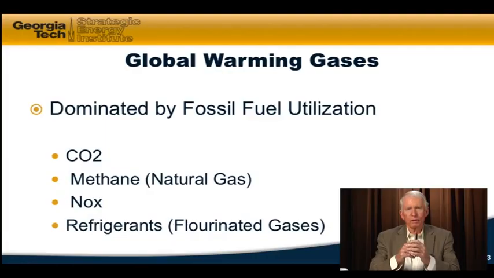And then the other gas that produces global warming and climate change effects are refrigerants. Refrigerants that we use in our refrigerators, that we use in our air conditioning systems. And that's had a long history.